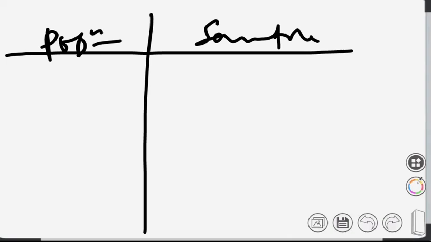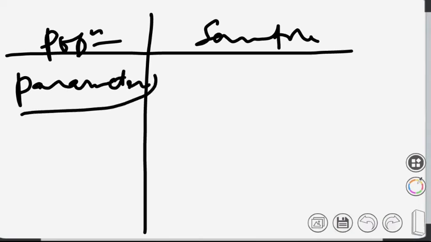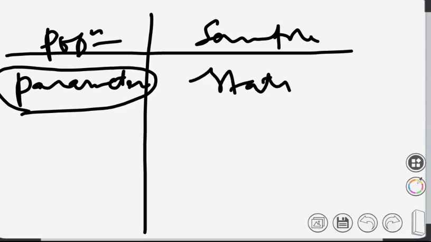In general, a population characteristic is termed as a parameter. Population parameter means population characteristics, and a sample characteristic is termed as a statistic. From now onwards, we will not say just mean, median, mode, or standard deviation.